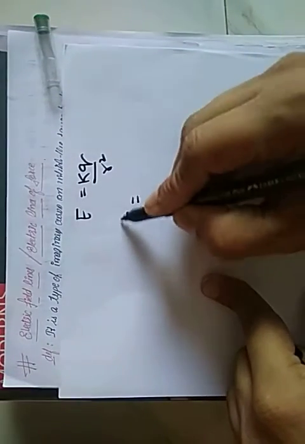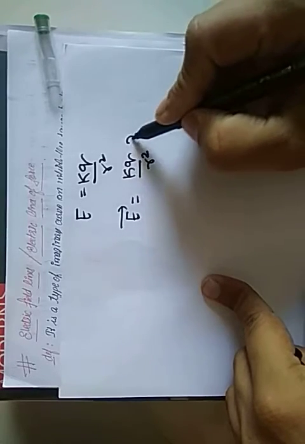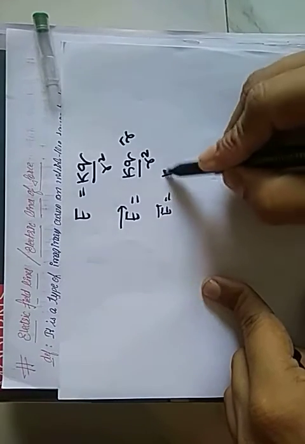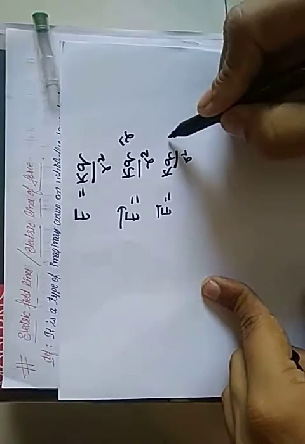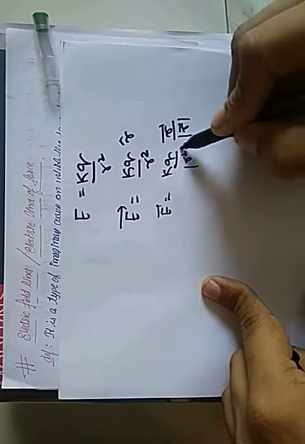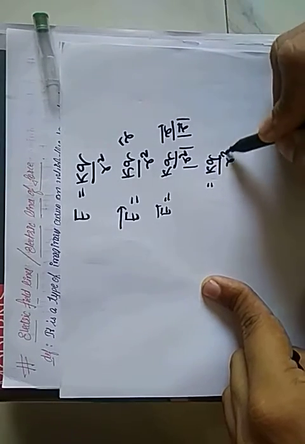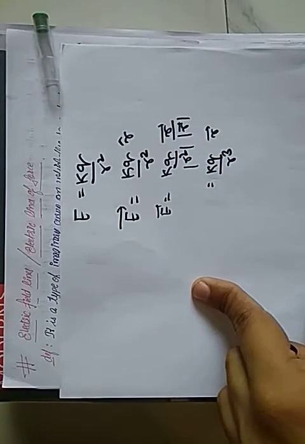And if we want to write it in vector form, how can we write? E vector is equal to kQ by r square, times unit vector r. What is the meaning of unit vector? Unit vector r means vector r upon magnitude of r, and this is also magnitude, so r square times r means it becomes kQ by r cube times position vector r.